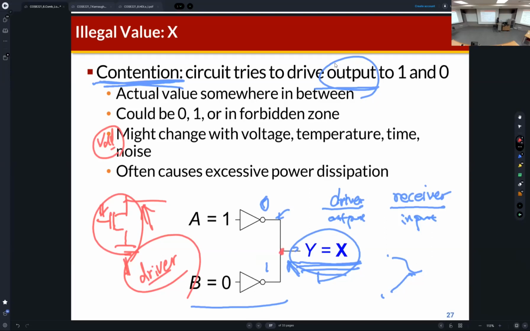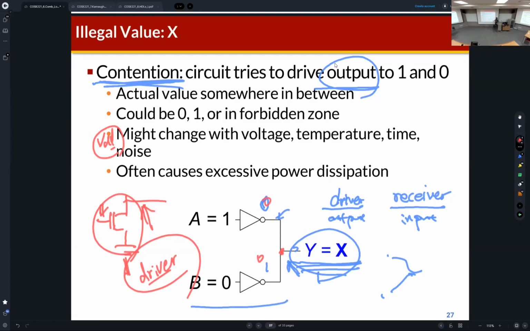So I explained that this is not a correct circuit. Why? Because the same node is driven by two drivers. I also explained that 0, 0 is okay, or 1, 1. If the output of this driver is 0 and the output of the other driver is 0, then it's okay because the two drivers are driving the same output.